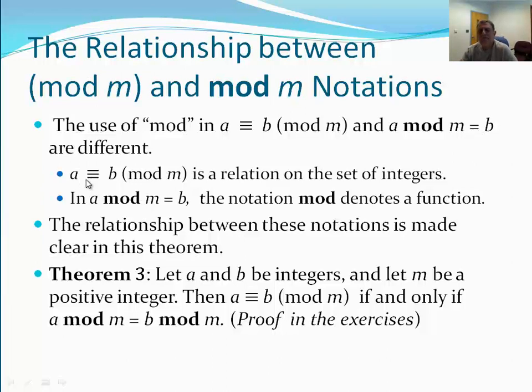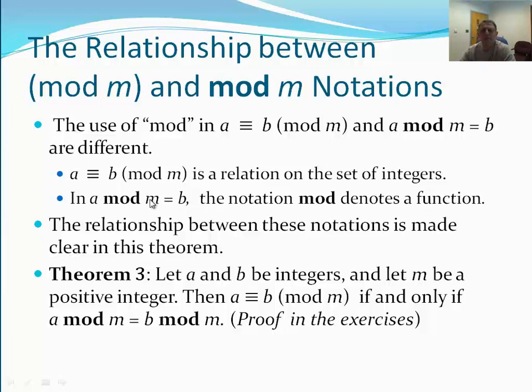Congruence of a and b mod m is a relation on the set of integers, because when those two numbers are divided by m, they generate the same remainder.